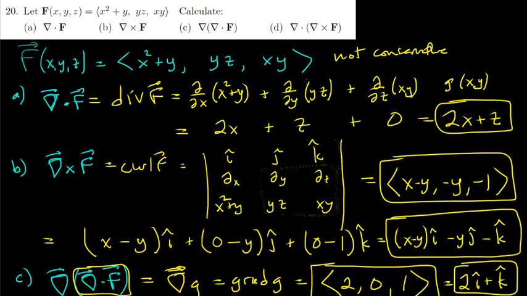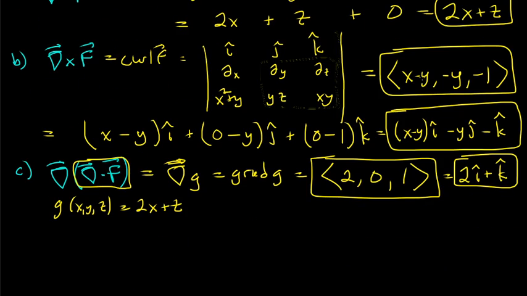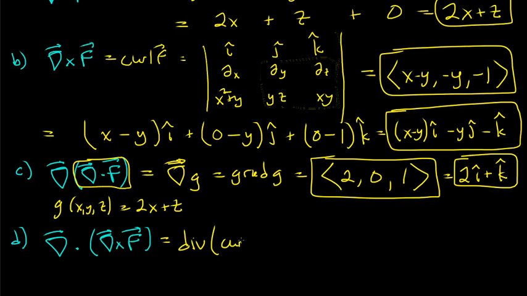Okay, and then part D is the divergence of the curl. So this del dot means we're taking the divergence of the curl. And we already took the curl.